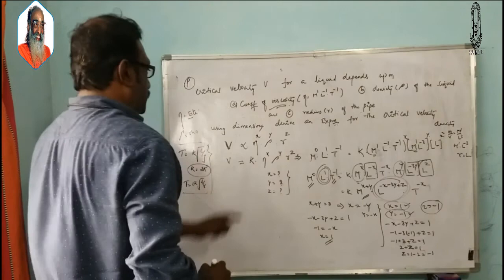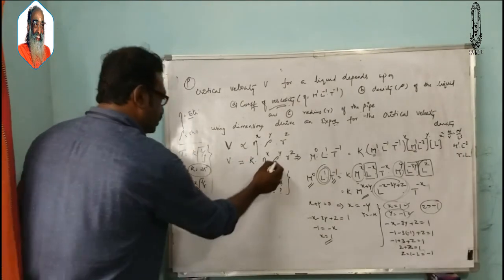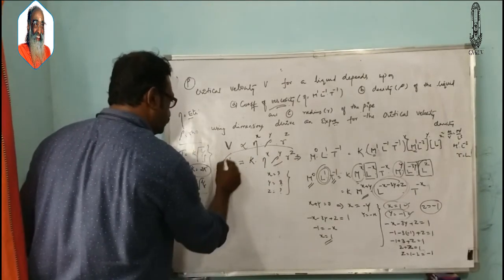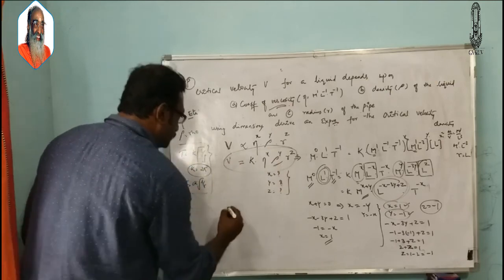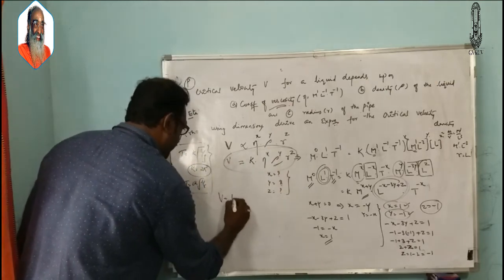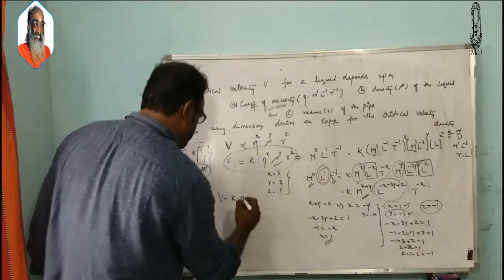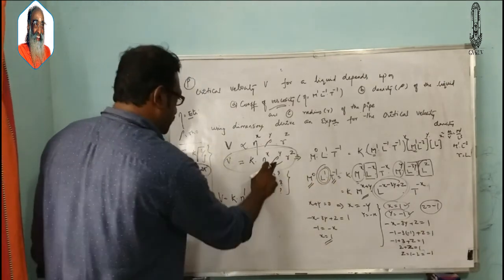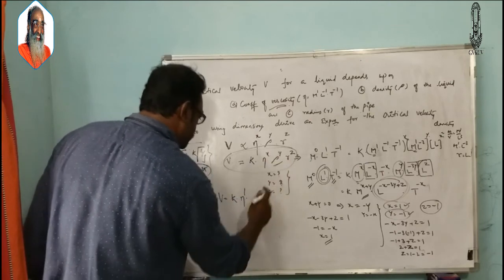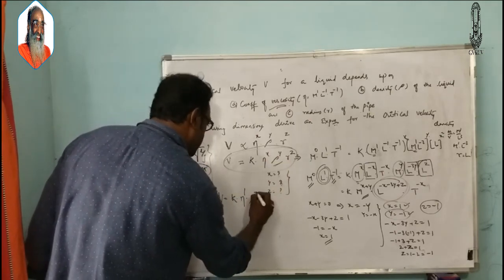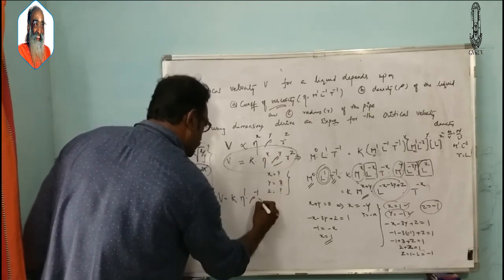Coming to the expression we assumed, v is equal to k eta to the power of x, which is 1, rho to the power of y, which is minus 1, and r to the power of z, which is minus 1.